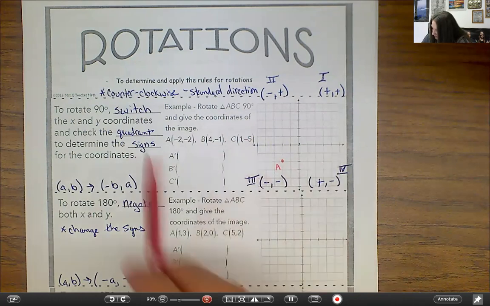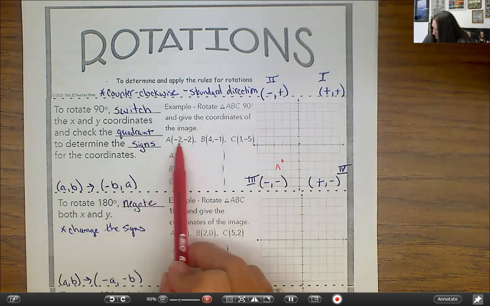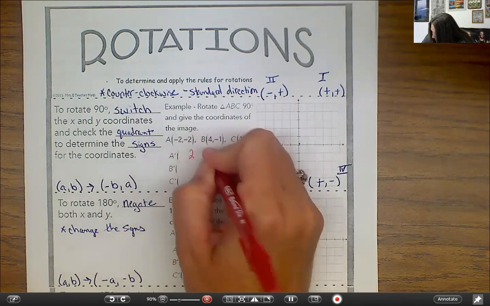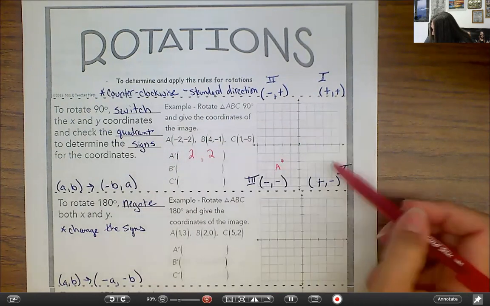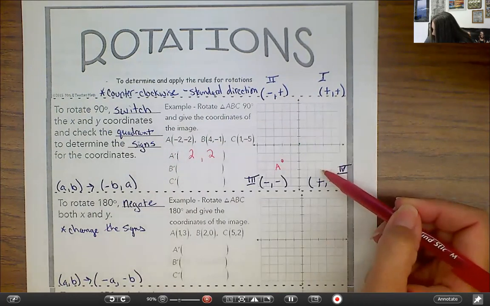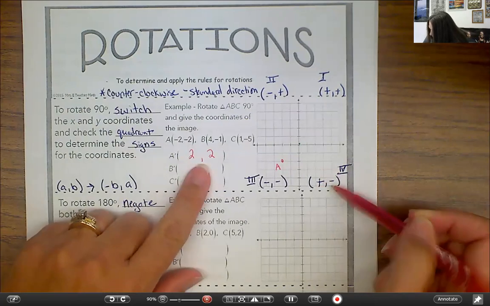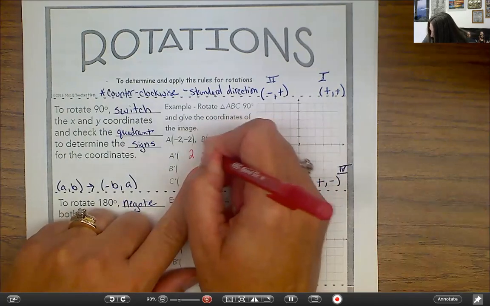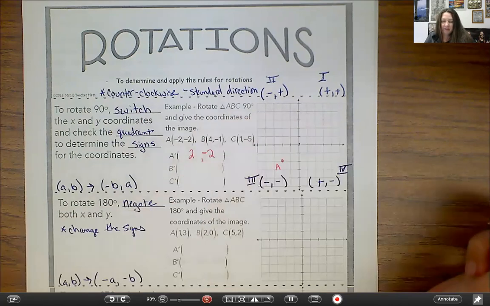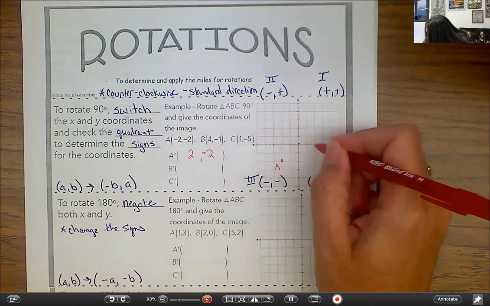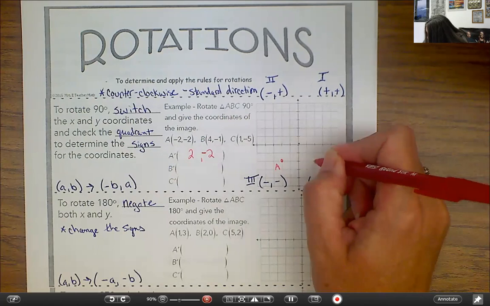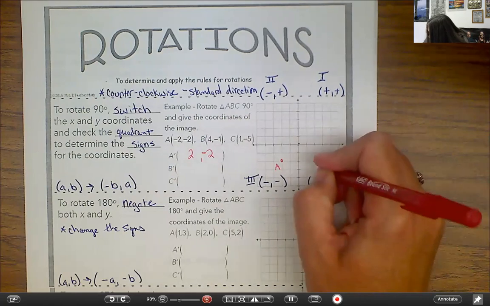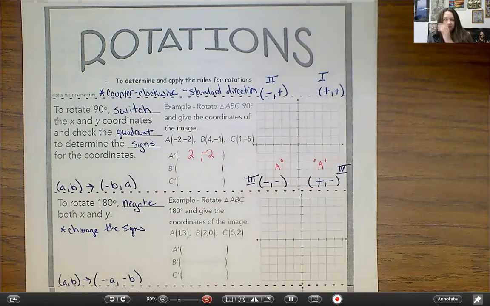So what I'm going to do is switch these two values. Well, 2 and 2 is still going to be 2 and 2. But now, if I know I'm in the fourth quadrant, the x is positive and the y will become negative. Then I'll plot that. 2, -2 would be right here. A prime.